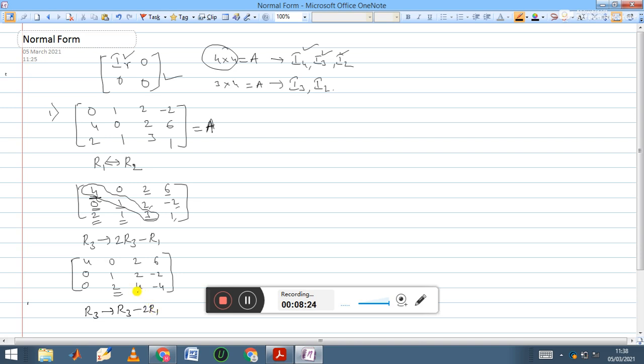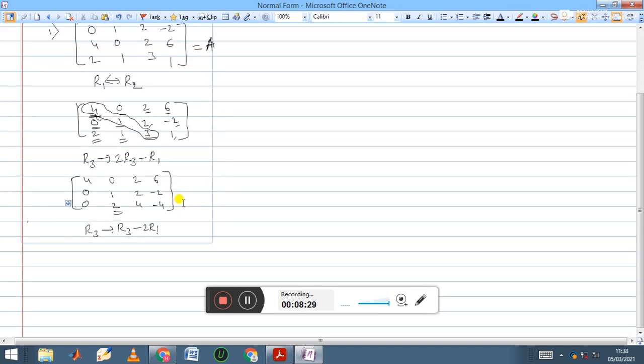R3 minus 2R1. So if you do this, your resultant matrix becomes: first row elements as it is, 4, 0, 2, 6. Second row elements as it is, 0, 1, 2, minus 2.